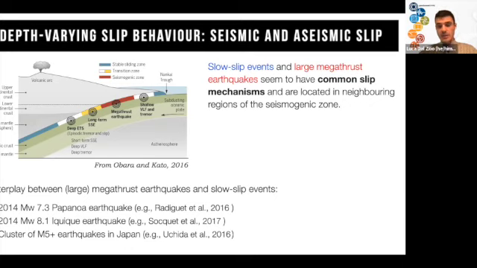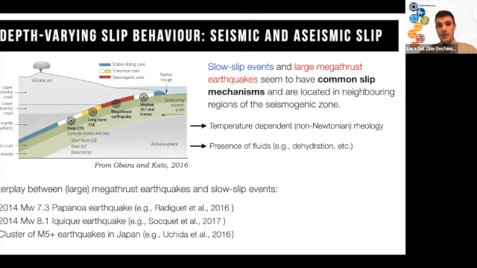And possibly the two main mechanisms related to these processes are temperature-dependent rheology and the presence of fluids, in particular due to processes that are also thermally activated, such as dehydration.